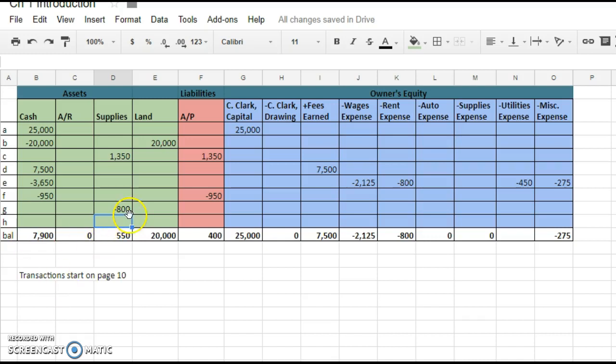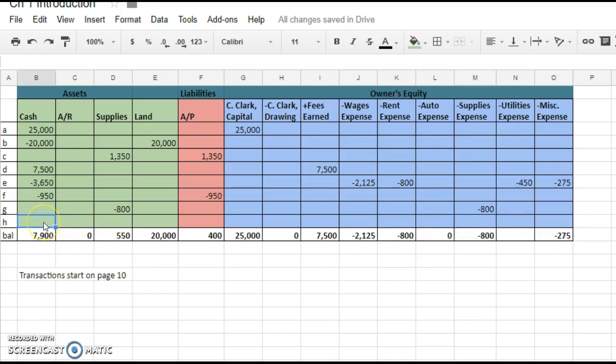So it becomes minus $800. So $1350 minus the $550 because that's what I have still on hand. Still on hand is the ending balance is $550. So minus $800, take it out of there and get that over here as an expense because you used up some of your supplies. You've used up $800 worth of your supplies.